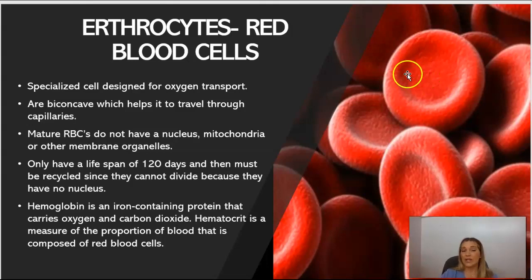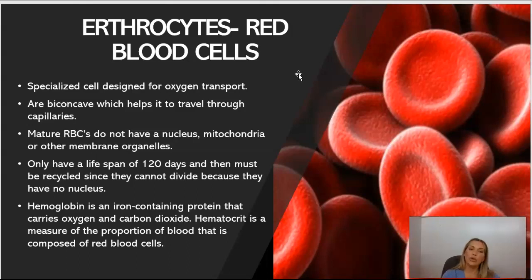And mature red blood cells don't have a nucleus or mitochondria or other membrane organelles. And so they only have a lifespan of 120 days, and then they must be recycled since they cannot divide because they have no nucleus.